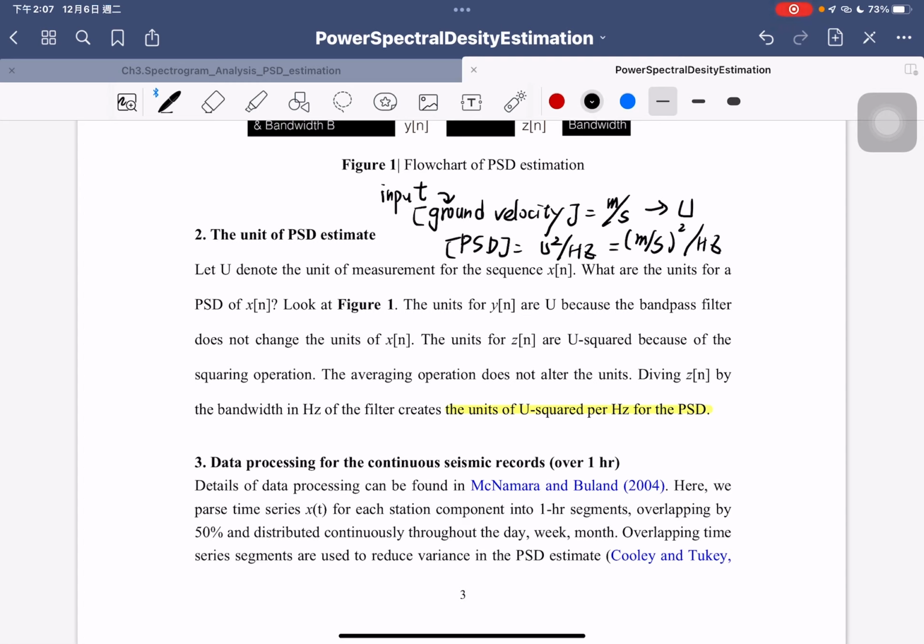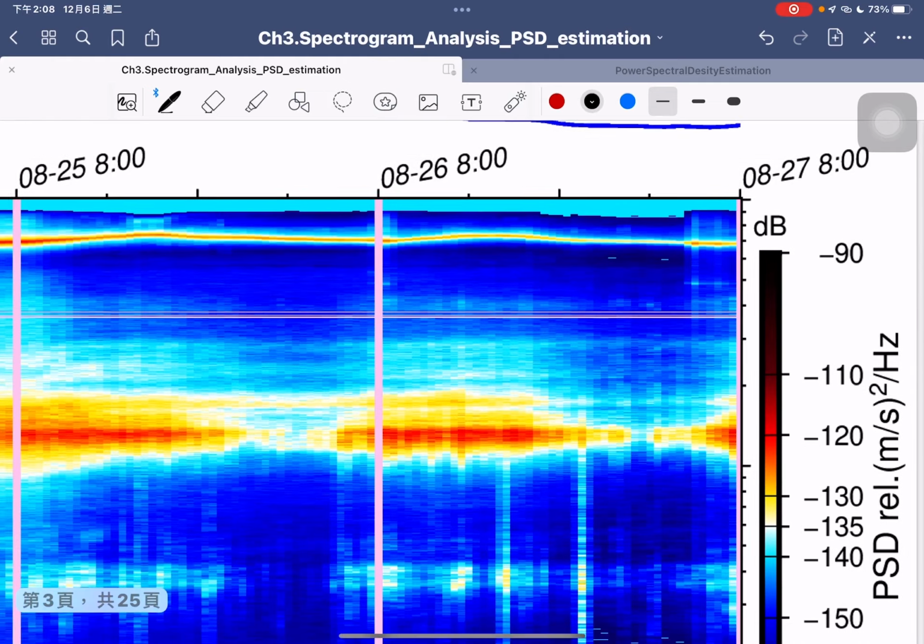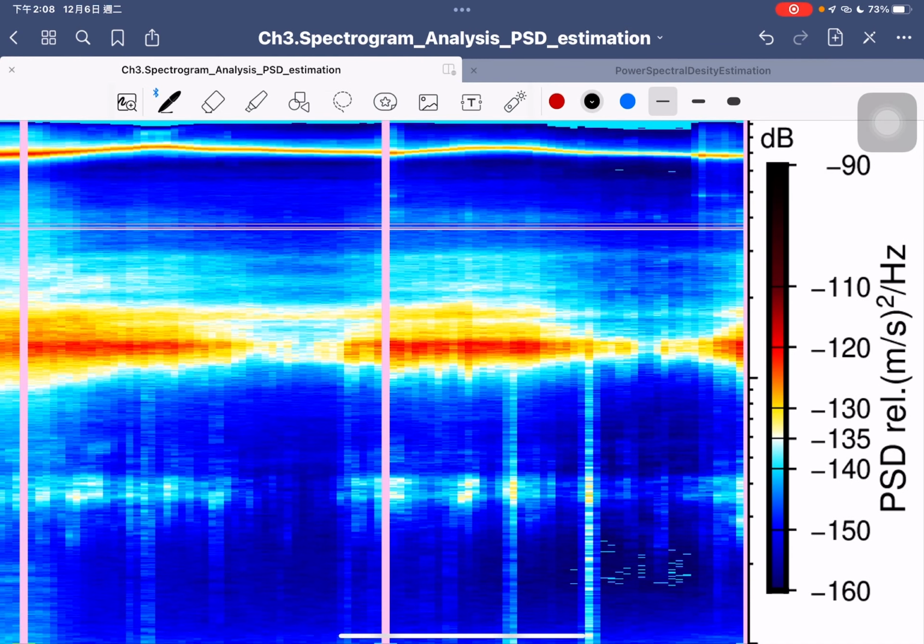So the power spectrum density, the unit depends on your input data. If your input data is velocity, and the dimension is meters per second, then after you compute the power spectrum density, the unit will be meters per second squared per hertz. Remember the color bar I showed here: the unit is meters per second squared per hertz.